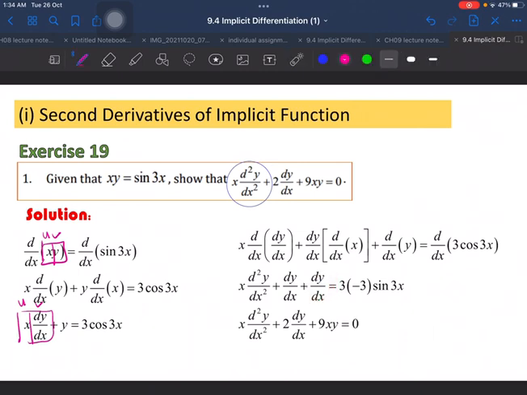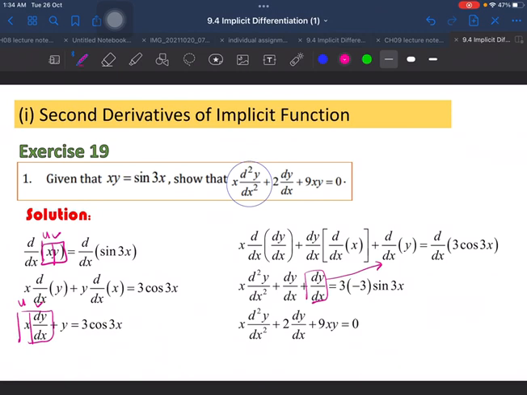This one rujuk kepada second term, class. Kamu confused ini. And then d over dx 3 cos 3x, we get 3 times negative 3 sin 3x.